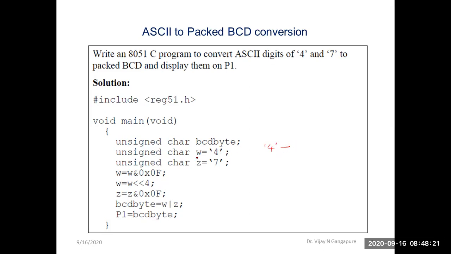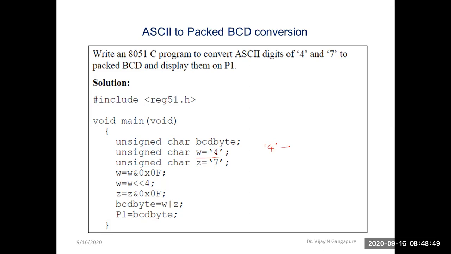So what will happen when this declaration statement executes? W will be declared as an unsigned character, means it can hold a value between 0 to 255, and to this W I am assigning the character 4. Whatever is enclosed in single quotes represents a character.